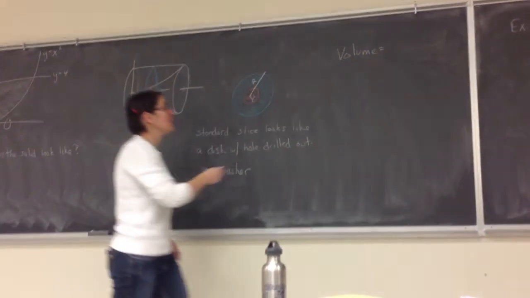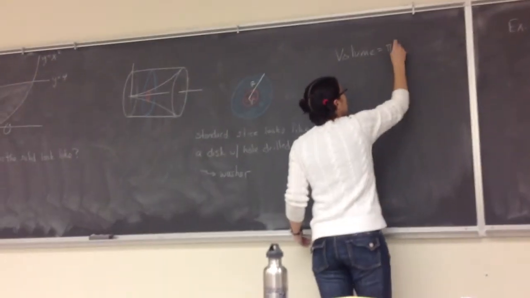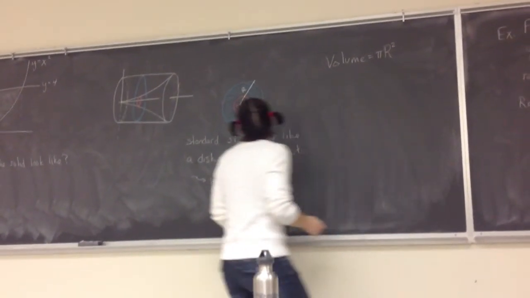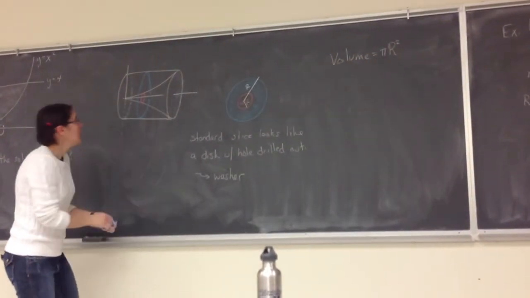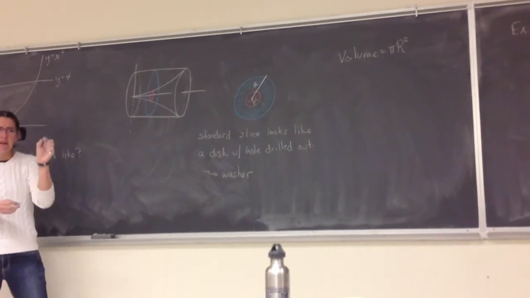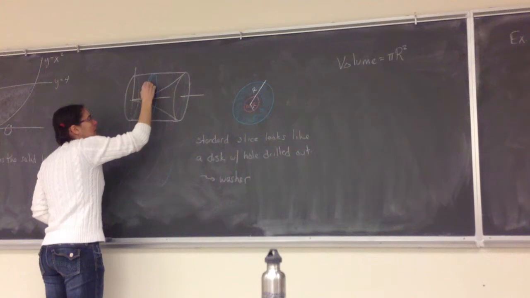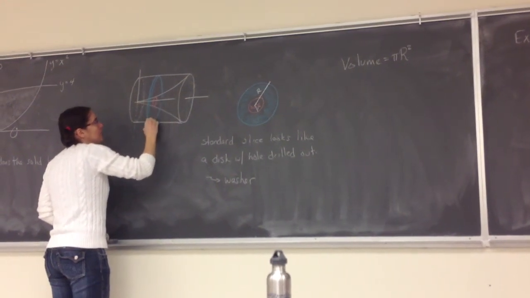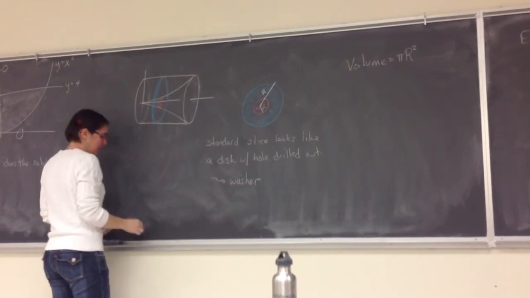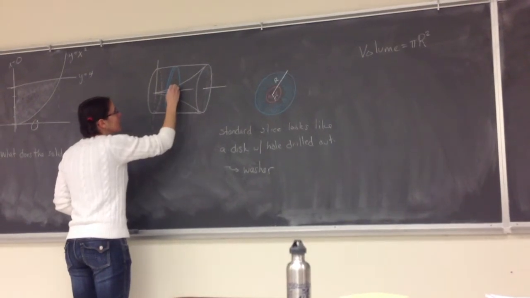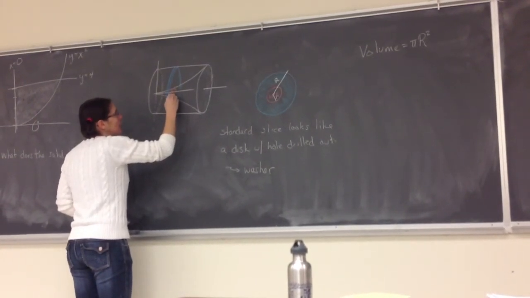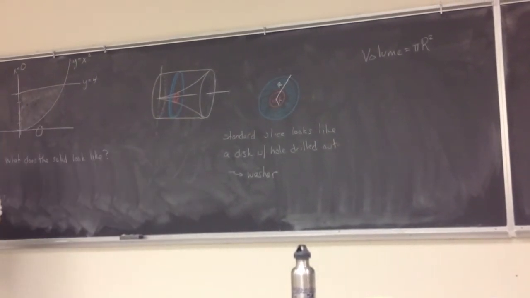So the volume of my big washer is going to be pi times big R squared. Now, remember, there's a little bit of thickness to these things, so I can add onto my picture a little thickness, both on the inside and the outside hole.